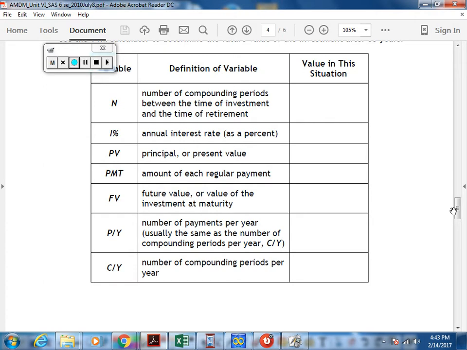She plans to save $100 from her monthly paycheck so that she can make annual payments of $1,200 into her annuity. Use the time value of money calculator to determine the future value of the investment after 35 years.